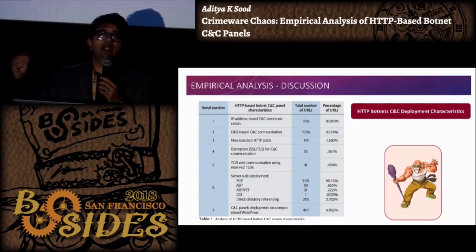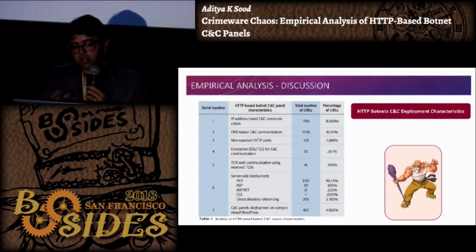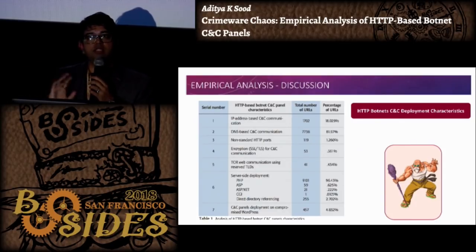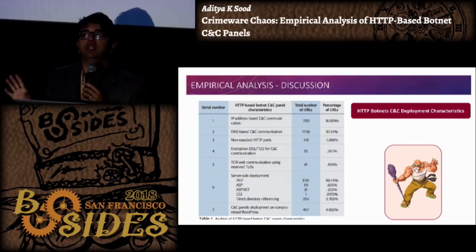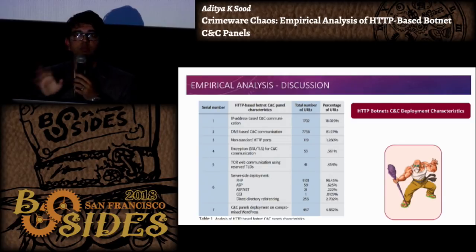Then you need to have IDS, IPS, whatever it is, to dissect that content, making sure that nothing sensitive goes out. But when you try to correlate all this kind of information, it gives you a very different scenario on how you need to build a solution. You want to define machine learning, you want to define some algorithm based on that, you want to go after natural language processing, whatever it is.